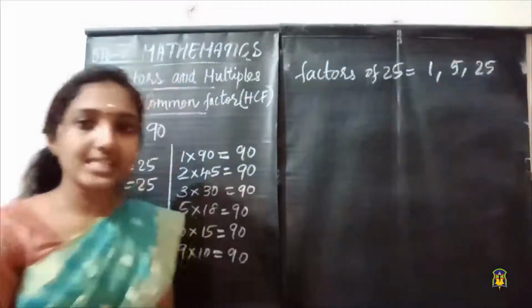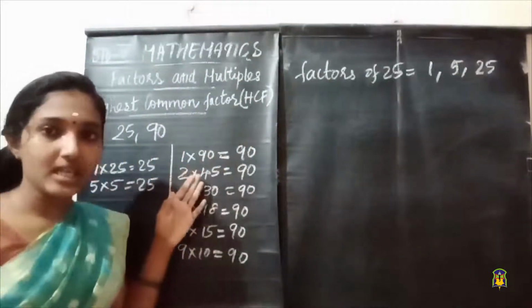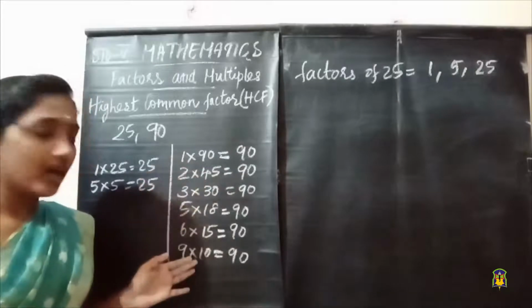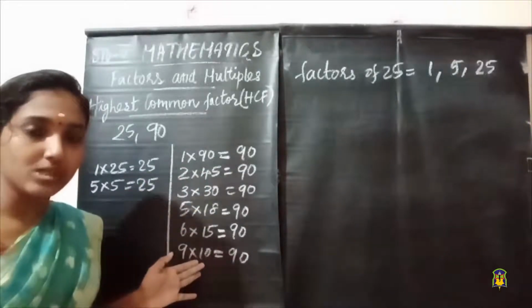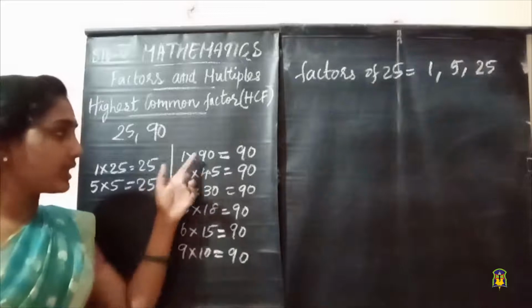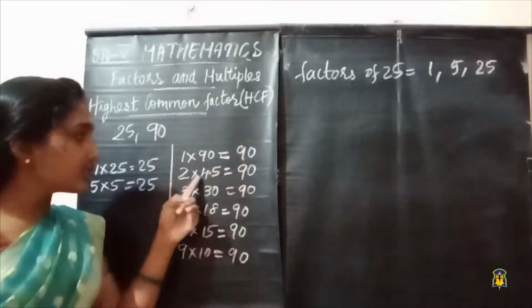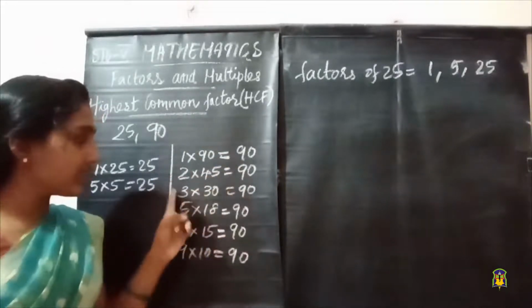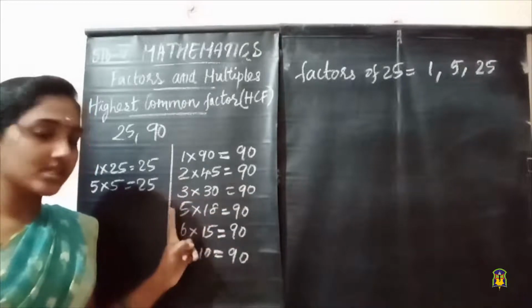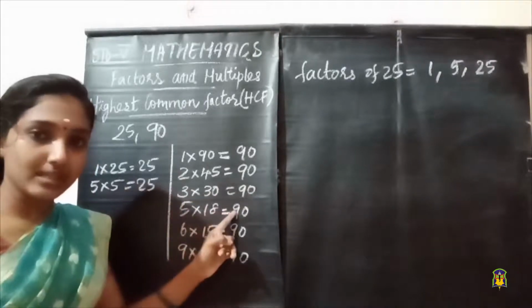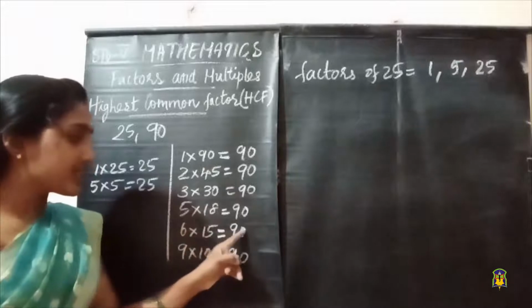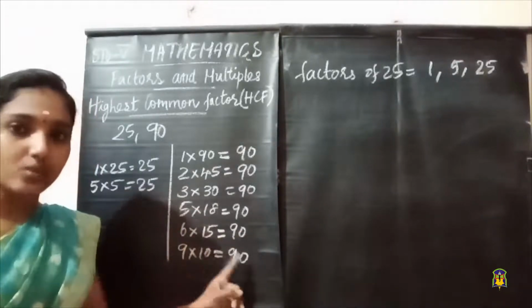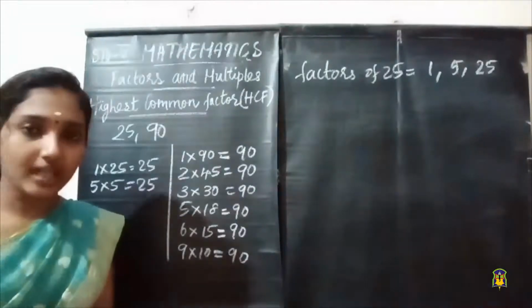The next is the number 90, and these are the pairs of numbers which give the product 90. It is 1 into 90 equal to 90, 2 into 45 is equal to 90, 3 into 30 is equal to 90, 5 into 18 is equal to 90, 6 into 15 is equal to 90, 9 into 10 is equal to 90.